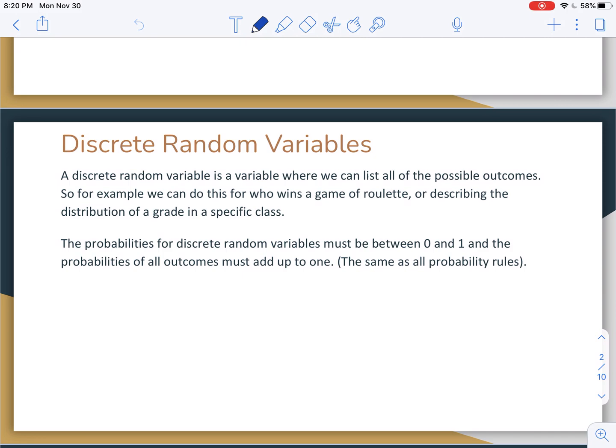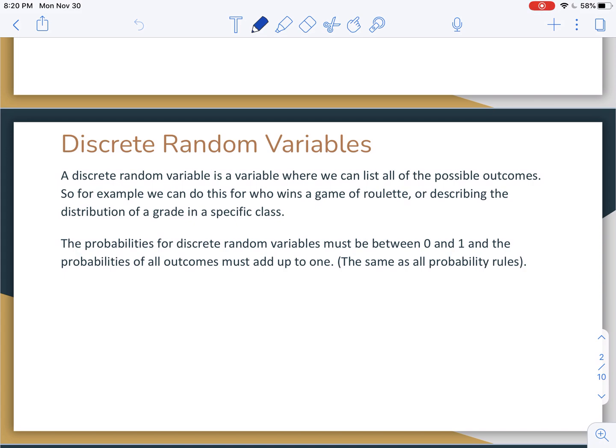How you do in a game of craps, blackjack, etc. We can list the potential outcomes, and we can list the probabilities of those potential outcomes happening. The probabilities for discrete random variables must be between 0 and 1. So each individual probability has to be between 0 and 1. Again, 0 means that it's not going to happen at all, there's absolutely no chance.